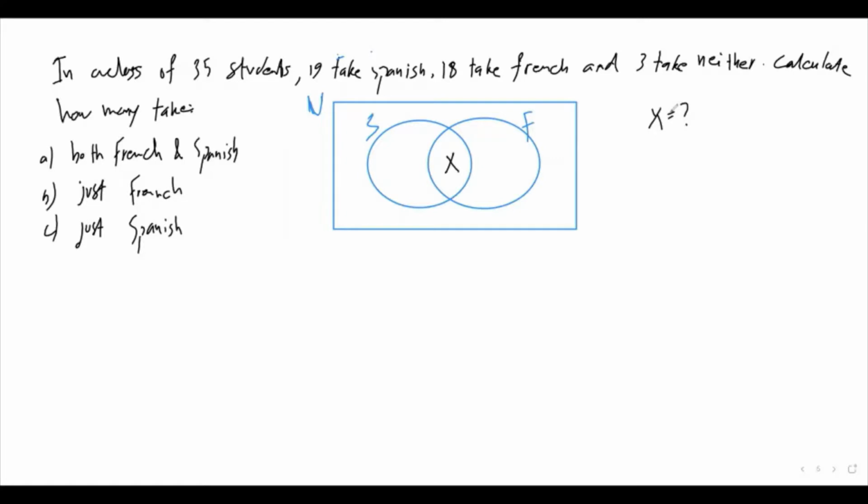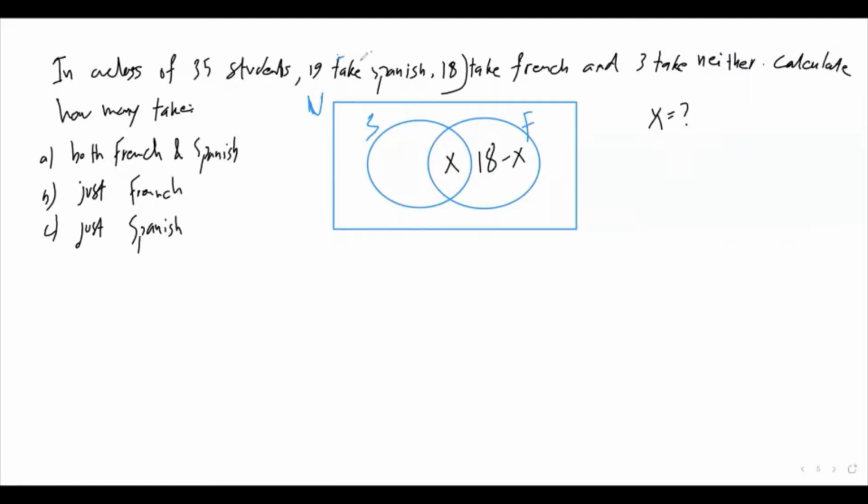But the number of students who take French is 18, so this circle, whatever is inside it, should have 18 members. And this region has already occupied x members. So here should be 18 minus x, right?